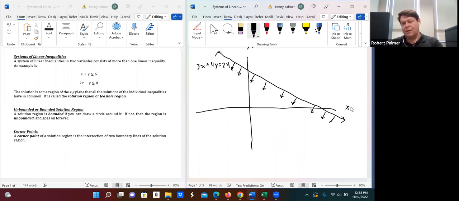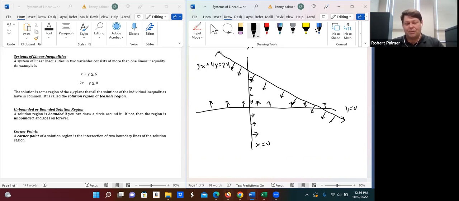This is where y is 0, on the x-axis. The solutions are above. And of course, also x is greater than or equal to 0. And this is where x is 0, so our solutions are this way. So you can see that our solution region is actually this triangle, okay?